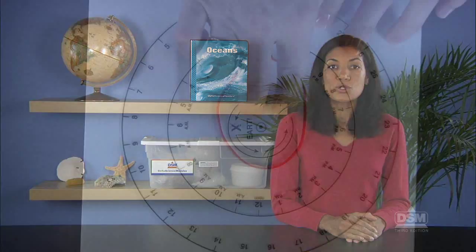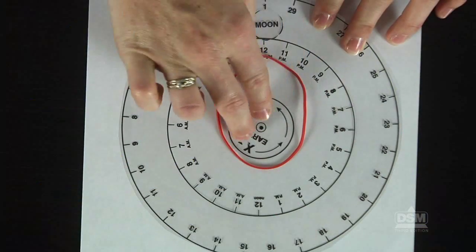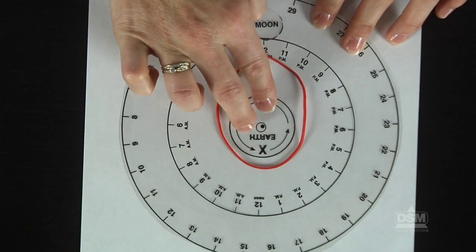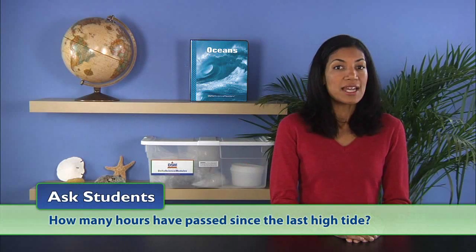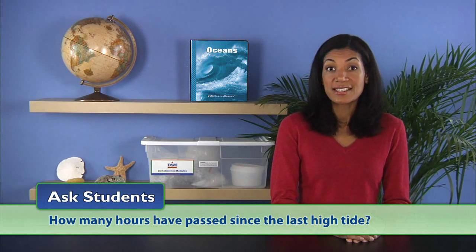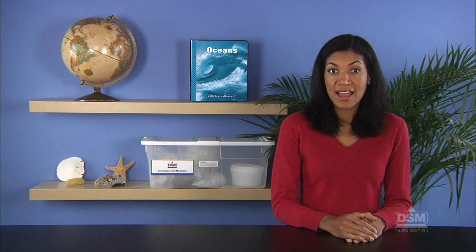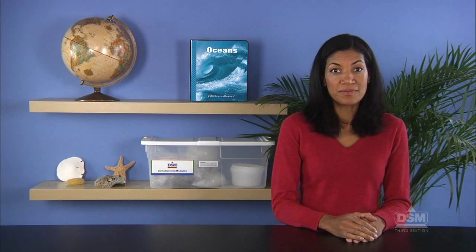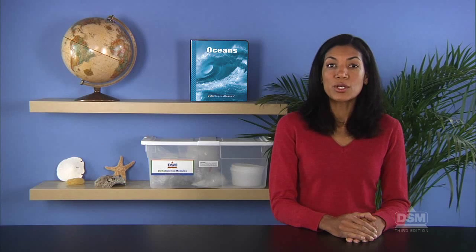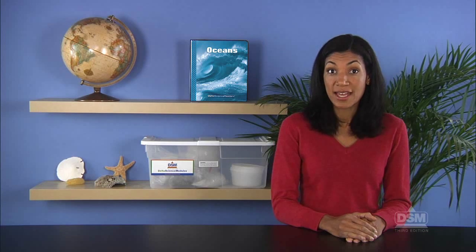Next, have students turn the Earth disk another quarter turn to high tide again. Ask students how many hours have passed since the last high tide. Students should respond that this time about 12 hours have passed, and that the next low tide will occur in about 6 hours. Finally, high tide will occur about 6 hours after that, or in about 12 hours.